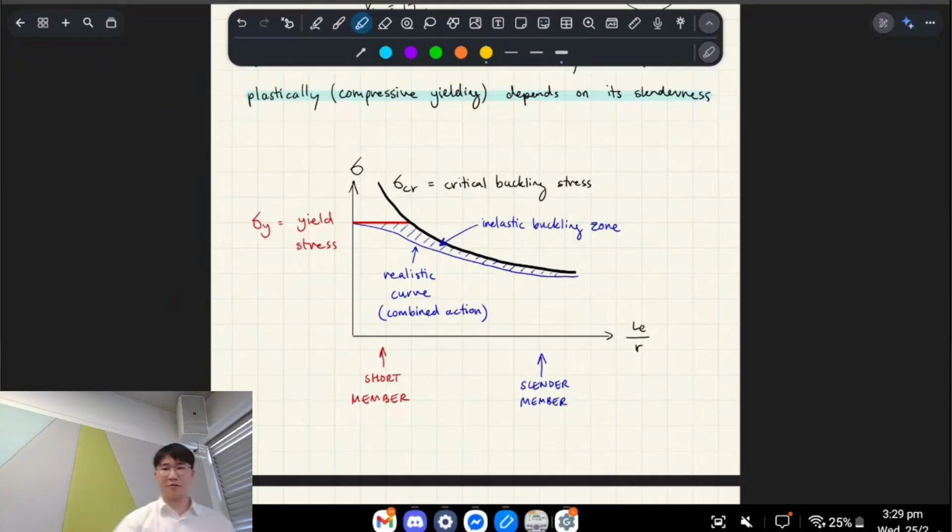So for short members, like this drink bottle, we don't reach buckling. We reach yield crushing, a squash failure first. Whereas this one, you would reach buckling first. Does that make sense? Yeah, cool.